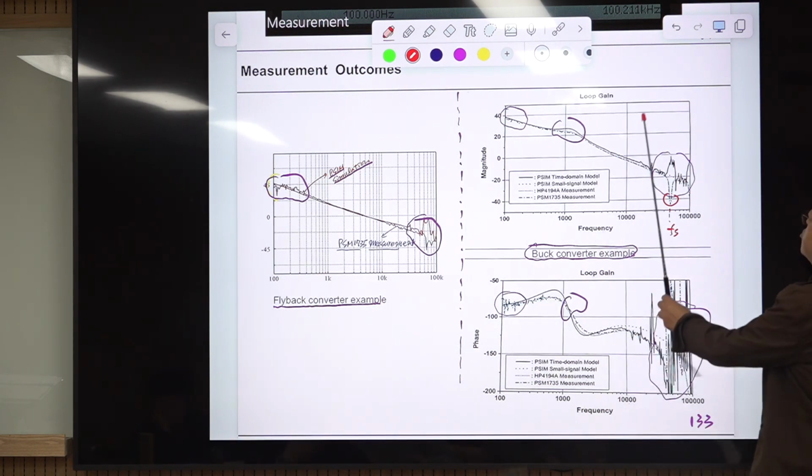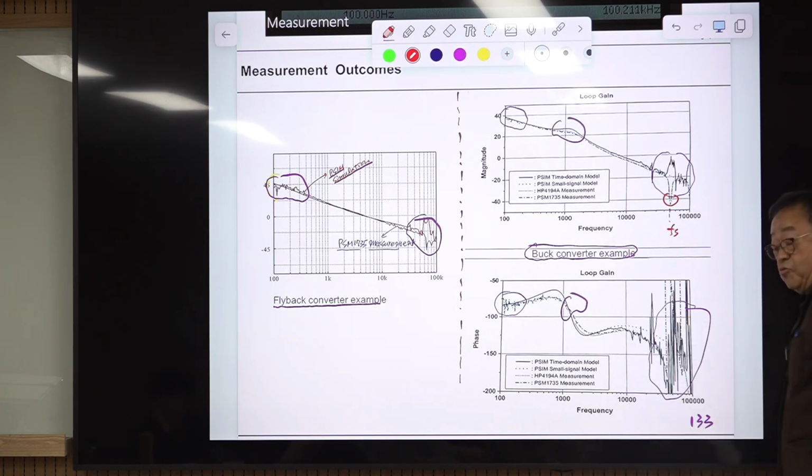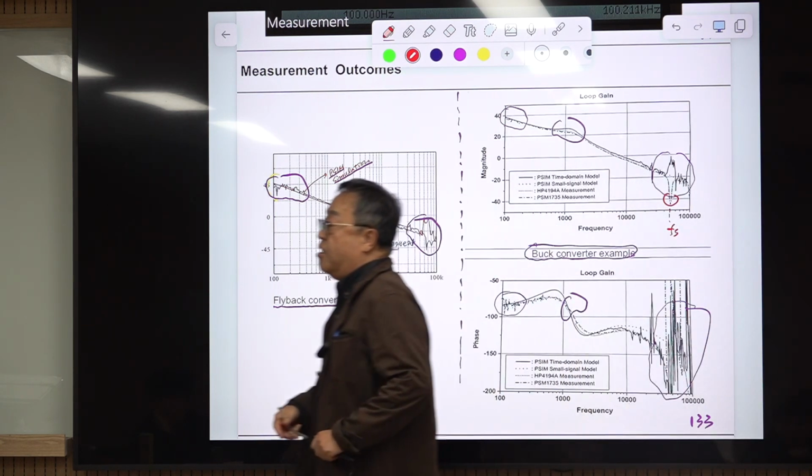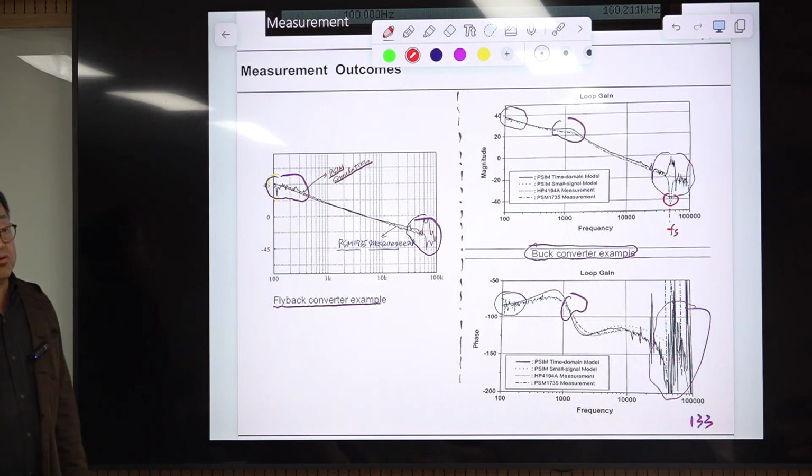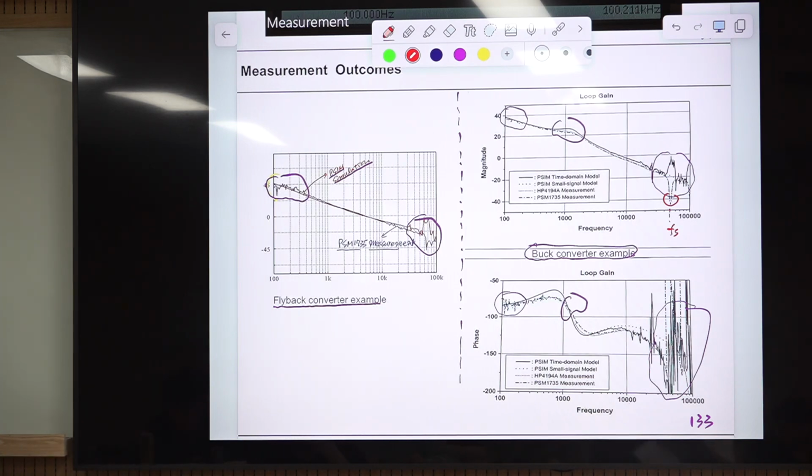If you put the crossover frequency here, you are seeing something false, some fake data. So that's one reason for limiting the loop gain crossover frequency of a PWM converter well below the switching frequency. About 20% of the switching frequency is the rule of thumb. We'll address that point later.